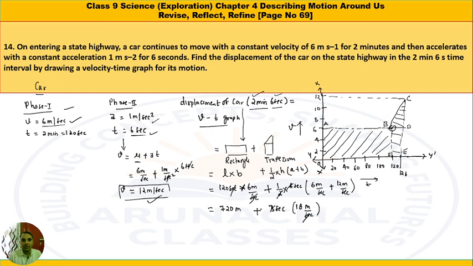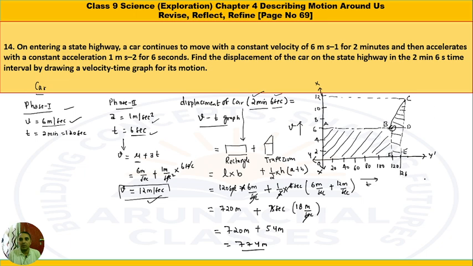Second and second get cancelled. 18 1 18, 18 3 54. So it is 54 meter plus 720 meter. So it is 774 meter. That will be the displacement of the car on the state highway in 2 minutes 6 seconds of time interval. We have found this by plotting the VT graph.